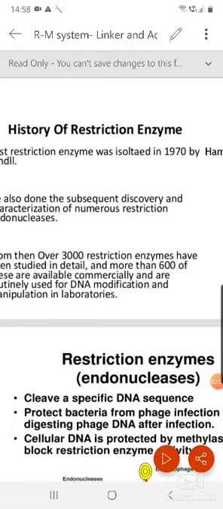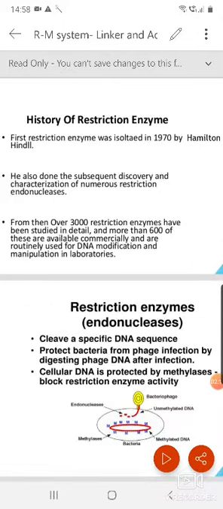Unfortunately, that enzyme's specificity was not so precise. It recognized some sequence and cut about 1,000 base pairs away, so it didn't become very popular. The main breakthrough came in 1970 with Hamilton Smith's discovery of the enzyme named HindII.